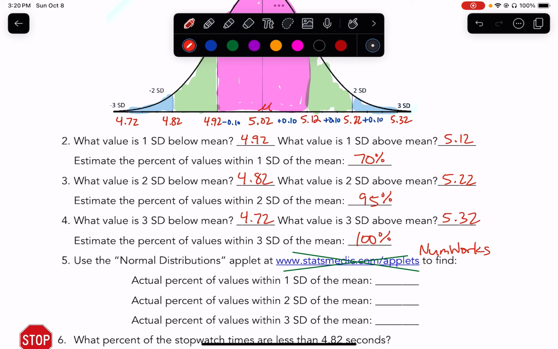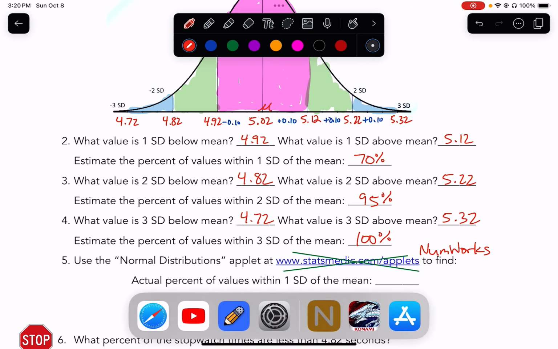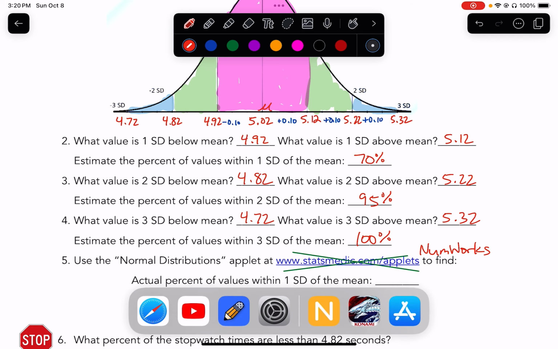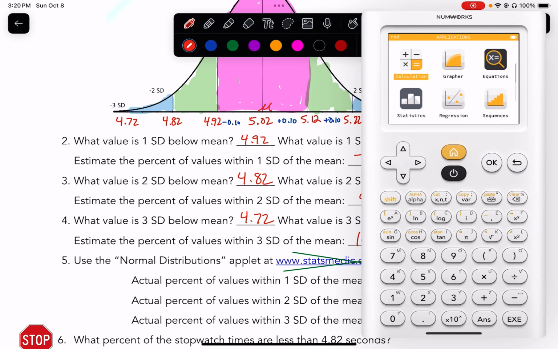I'm going to show you how to do that. So I'm going to hopefully pull this up in my slide overview. There we go. So we're going to go down in our main homepage to the bell-shaped one that looks like distributions.